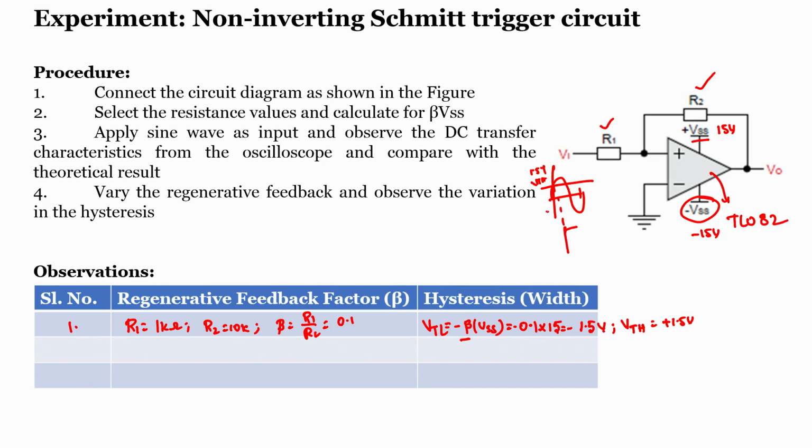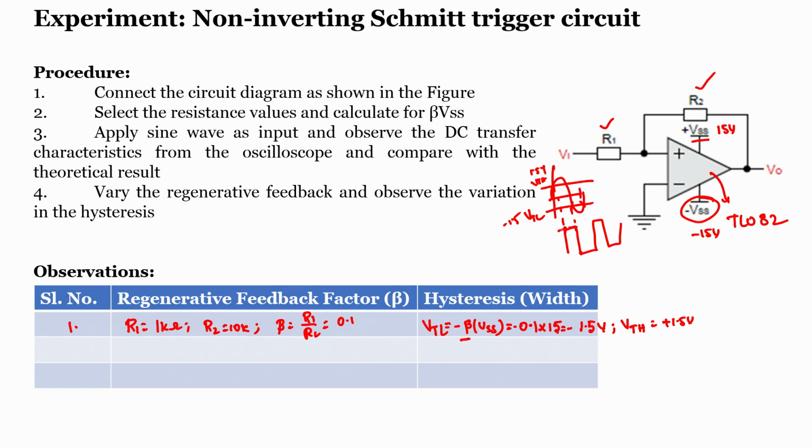Till the input voltage is lower than our lower threshold value VTL. In our case it is minus 1.5. So, when the input voltage is lower than minus 1.5, till then it will be high, and it keeps on continuing.